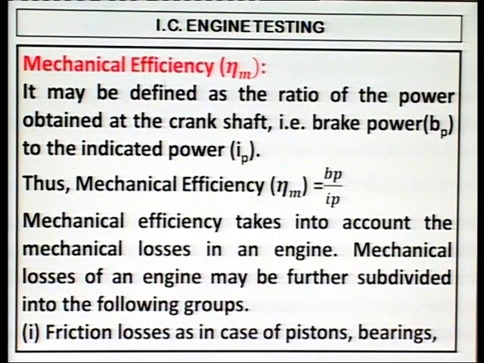Mechanical efficiency. It may be defined as the ratio of the power obtained at the crankshaft, that is brake power BP, to the indicated power IP. Thus, mechanical efficiency is equal to the ratio of brake power to the indicated power.